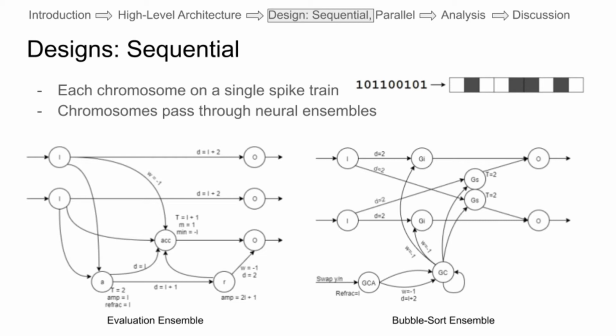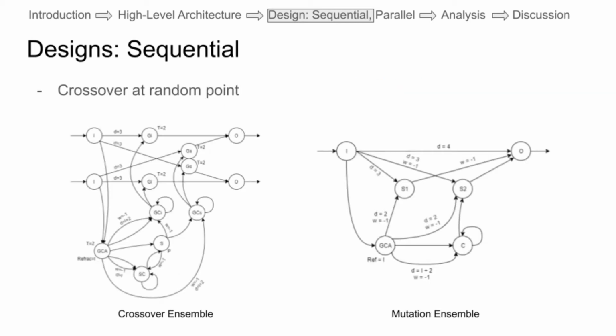Then we have here the crossover is implemented at a random point, so a random gene location is chosen at every iteration, and then the chromosomes are crossed over against each other from that point on. And then we have here the mutation ensemble as well. These ensembles just get repeated if we want to use more chromosomes.